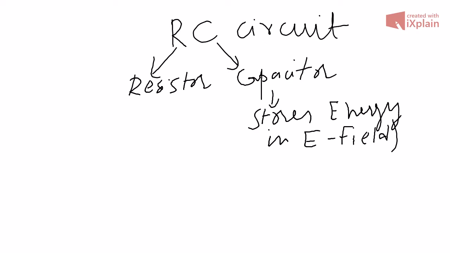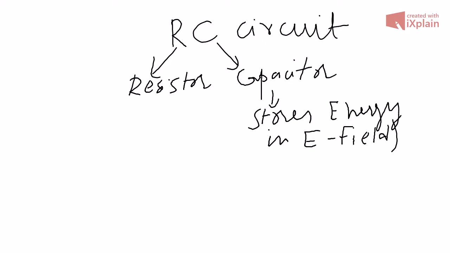So we are going to analyze those circuits which contain both components, a resistor and a capacitor. We are going to find all the variables such as charge, voltage and current across these circuits.